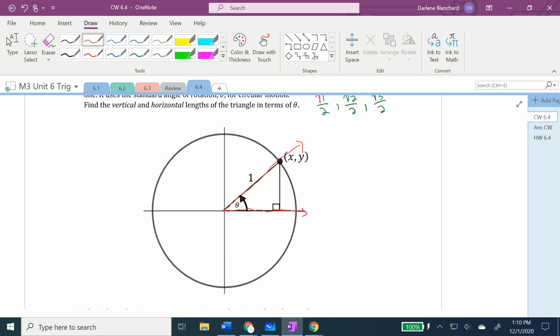Now, the unit circle is called the unit circle because the hypotenuse is 1. And with the hypotenuse being 1, a lot of numbers come out really nicely. However, we don't have to work with a circle of radius 1 all the time.